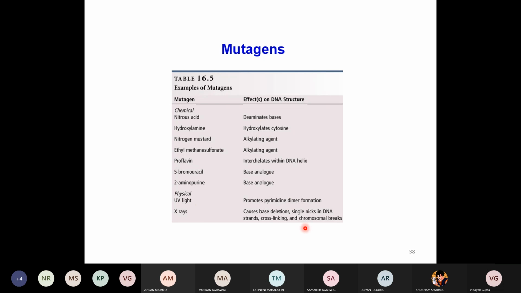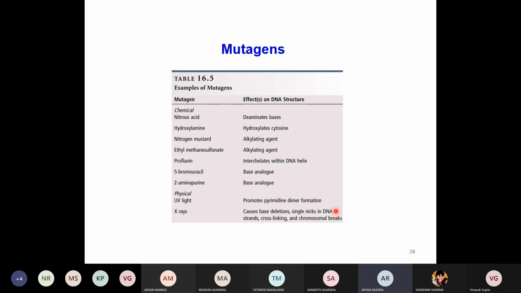Ultimate effect is quite different. You will see that. What is the effect of UV light? If you expose yourself to UV light, what can happen? If you expose yourself to X-rays, what is going to happen? What kind of genetic change, what kind of change in the structure of DNA is going to happen?